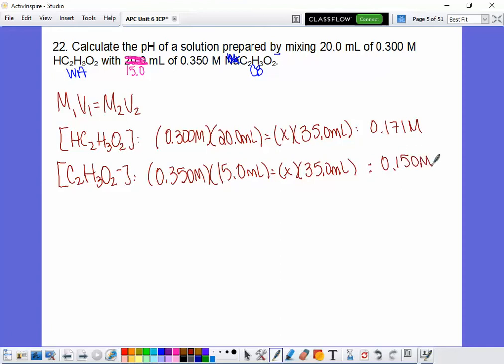All right, so now we know the new concentrations. So what else do we need in order to completely solve this problem? We need pKa. Typically, you'd be given the Ka. So we need the Ka of acetic acid. Does anyone know what that is off the top of their head? Because we've used it quite a bit.